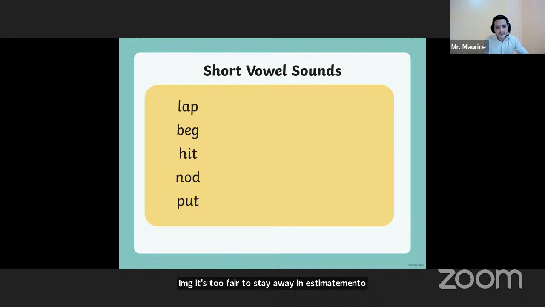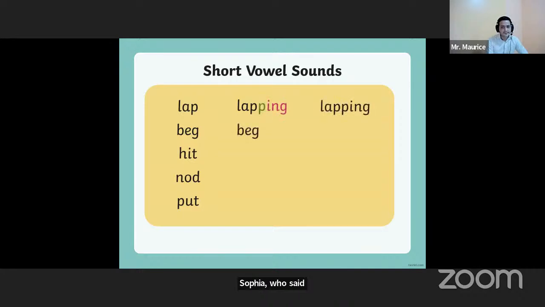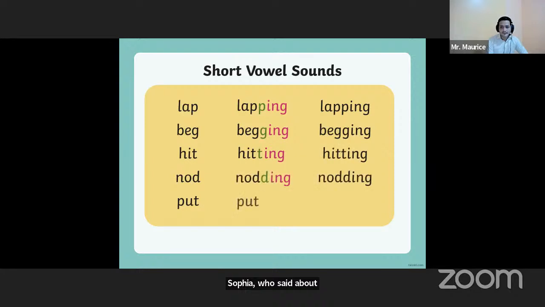Por decirlo de otra manera, están en su forma regular, en su forma normal, en presente: lap, bag, hit, not, and put. ¿Qué sucede con estos verbos al momento de añadir el sufijo? ¿Observa? Ok, esta es una de las primeras reglas.